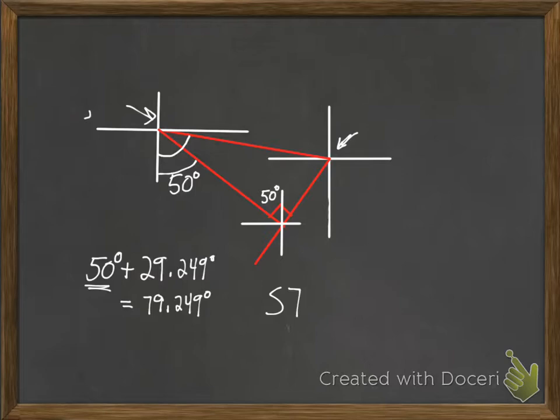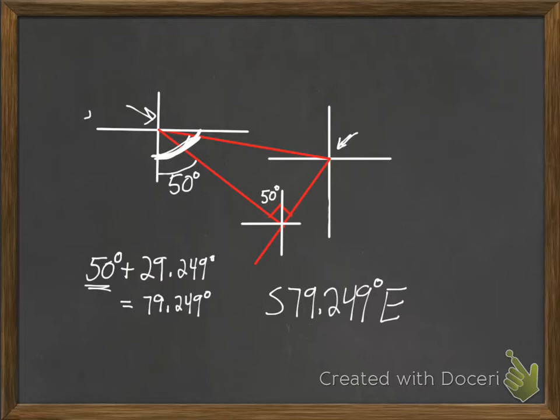And so therefore, this big angle that I'm looking at right here, from the south line to my point that I would need to travel on to get back to the port, is 79.249 degrees. So my heading would be south, because I'm below the north-south line, 79.249 degrees, and I'm on the east side, so it would be east. So that would be my heading.